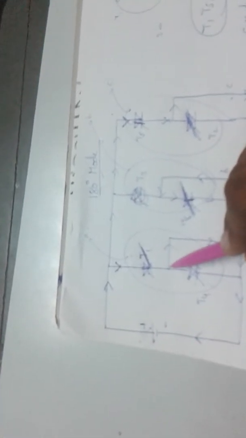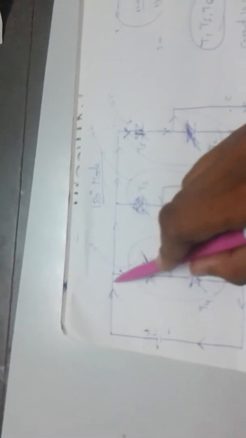These two are off. This is also off. Current flows like this only and goes through the load and divides here. Now the main point is that the current doesn't divide here. It is dividing at neutral.